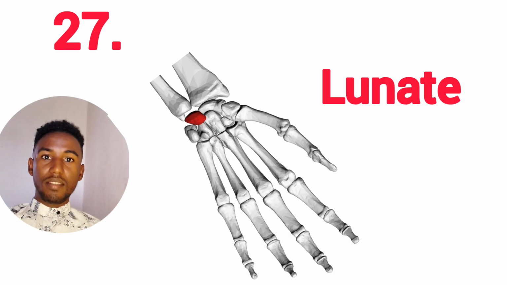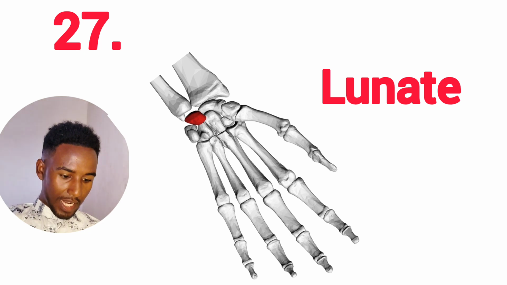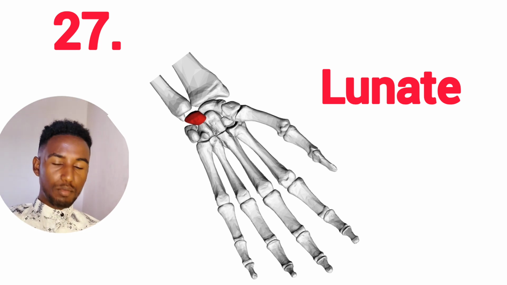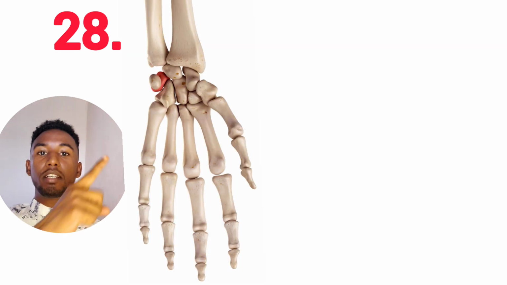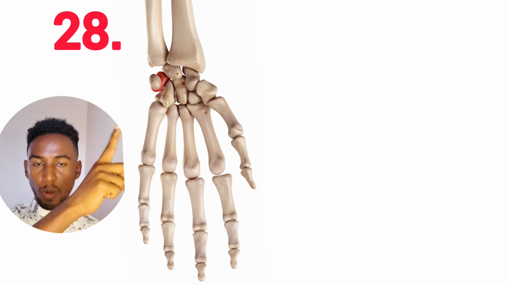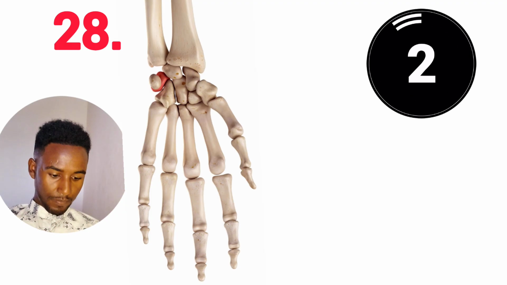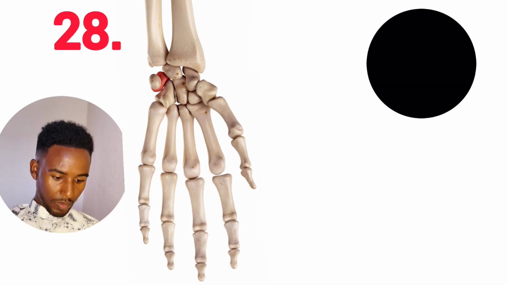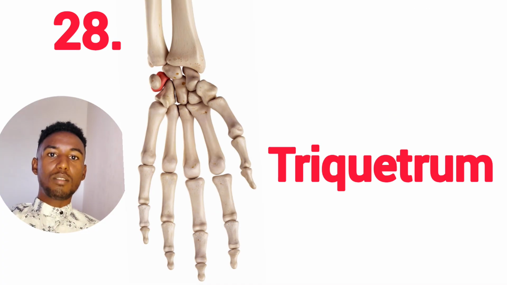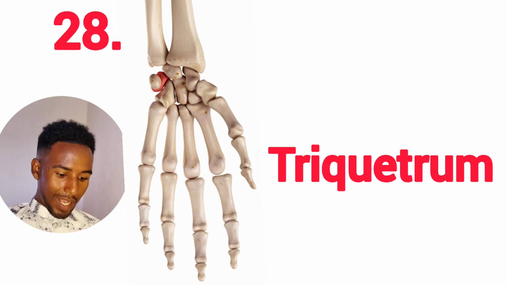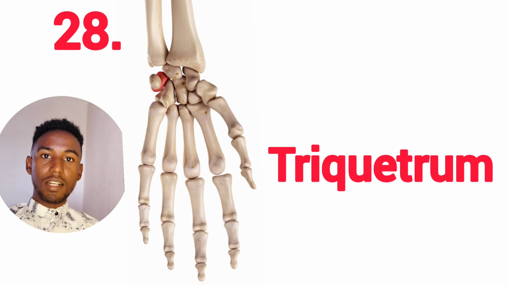It is the lunate. Lunate is a carpal bone in the proximal wrist row. 28. Can you name this bone? It is called triquetrum. It is a carpal bone on the ulnar side.